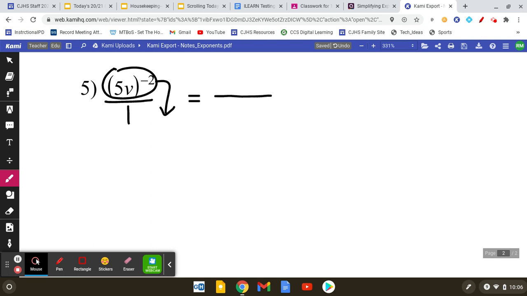Since we're taking everything to the bottom, we're not going to have anything on top. We need a placeholder. Does anybody know what the placeholder will be? It will be a 1. Just a 1 is going to stay up top. And then on the bottom, now we have 5v squared. Now it becomes positive.